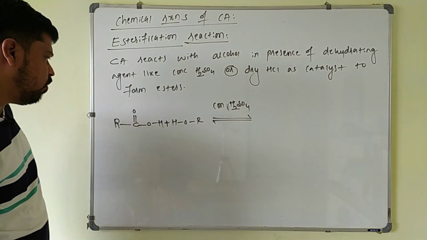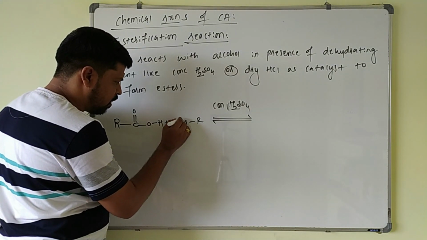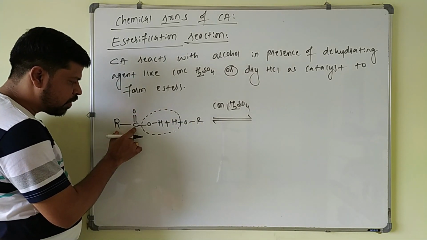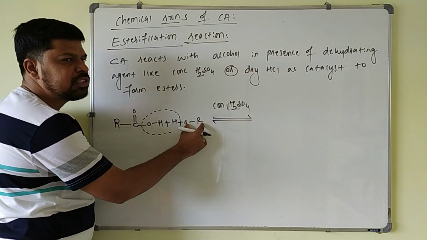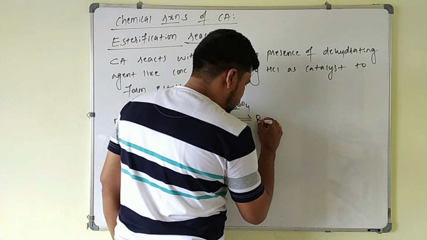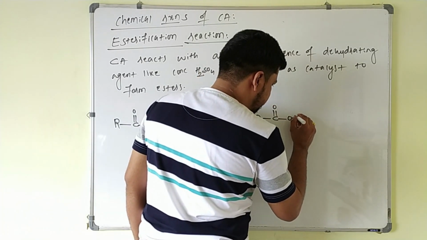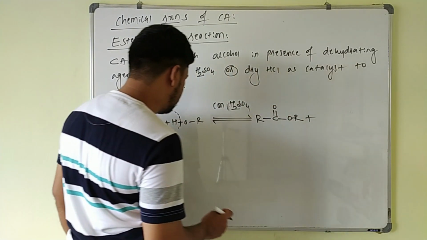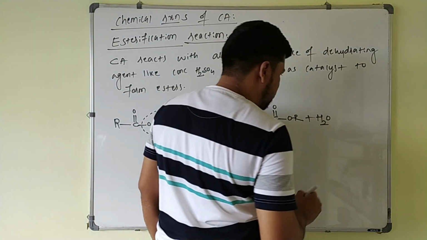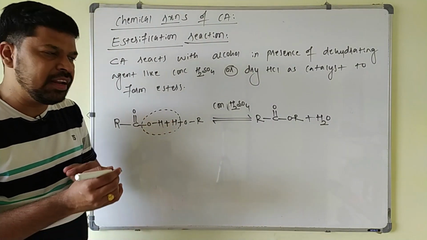So here what you have to do is just remove H from the alcohol and OH from the acid. This acyl group is directly connected to this alkoxy group, so that you will get ester here, R C double bond O OR, plus what is obtained here? Water molecule.